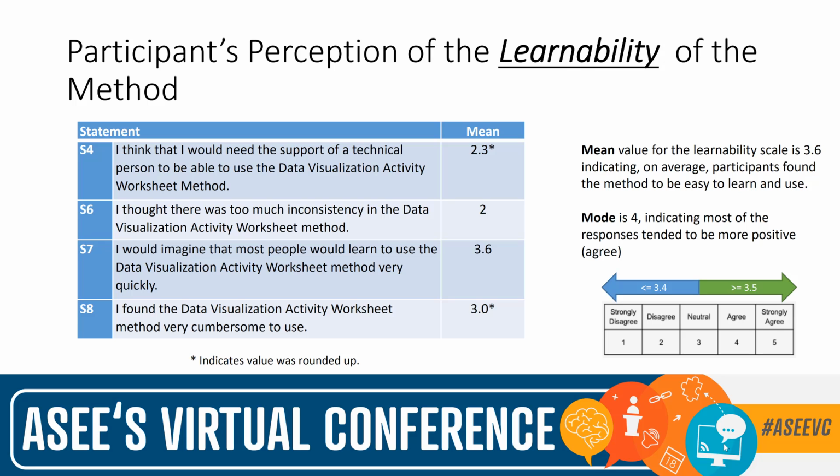Statement 8 has a mean value of 3.0, which is rounded up, which corresponds to a neutral value on the Likert scale. We interpret this score to be leaning towards disagree. We conclude, on average, students disagree with statement 8 and did not find the worksheet method to be very cumbersome to use.